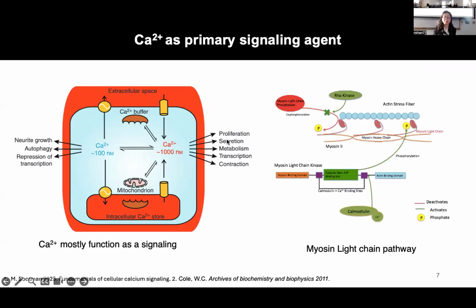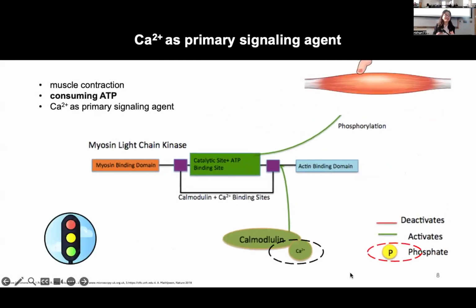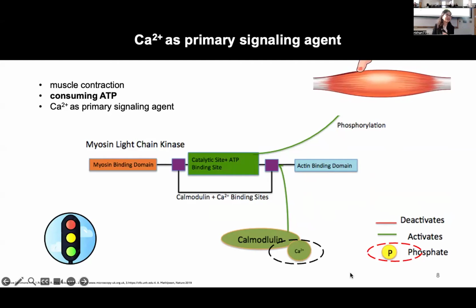One of the quite famous pathways I'd like to mention here is muscle contraction, the myosin light chain pathway. Using this example, maybe I can help you understand a little more of what the calcium is doing here. Calcium is more like a signal, I put it as a traffic light here.